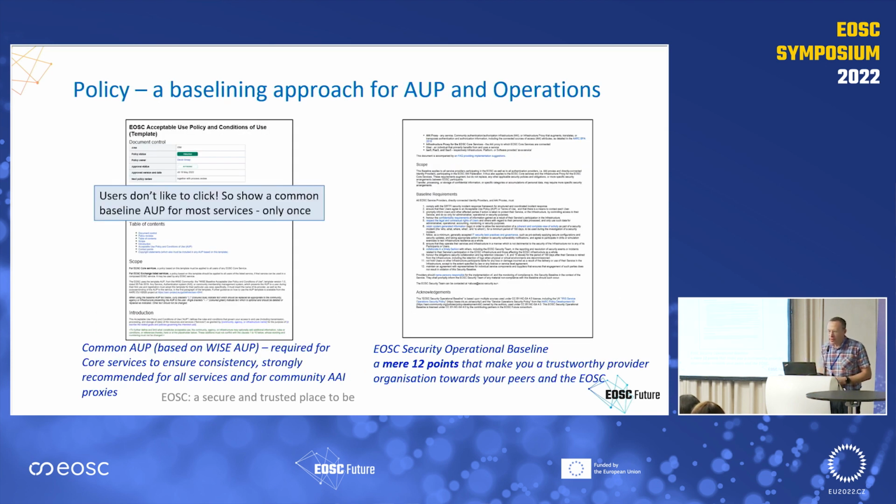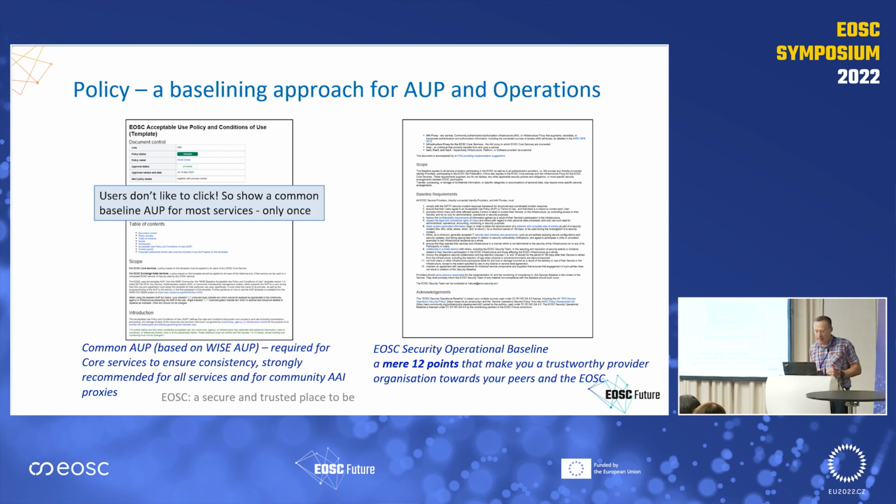Okay, so what are the policies then? Policies are fundamental for establishing this baseline approach. We have an AUP for this, acceptable use policy. The advantage about EOSC is that we can have a common AUP for these core services, which means that if you wish to use different aspects of the core, you do not accept an AUP again and again, because they are all harmonized.